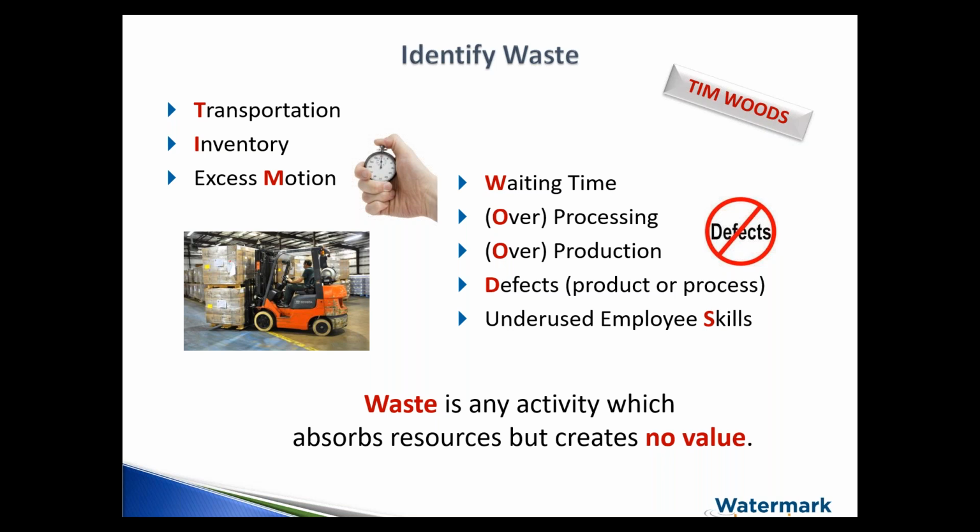So maybe we create a situation where if we're making widgets, we test the inputs first. We test all those components before we put them in so that we don't have to find the defect at the end, but we test it at the beginning, go, yep, those are right, so we can put them in. So where in your process can you reduce defects instead of waiting until the end?